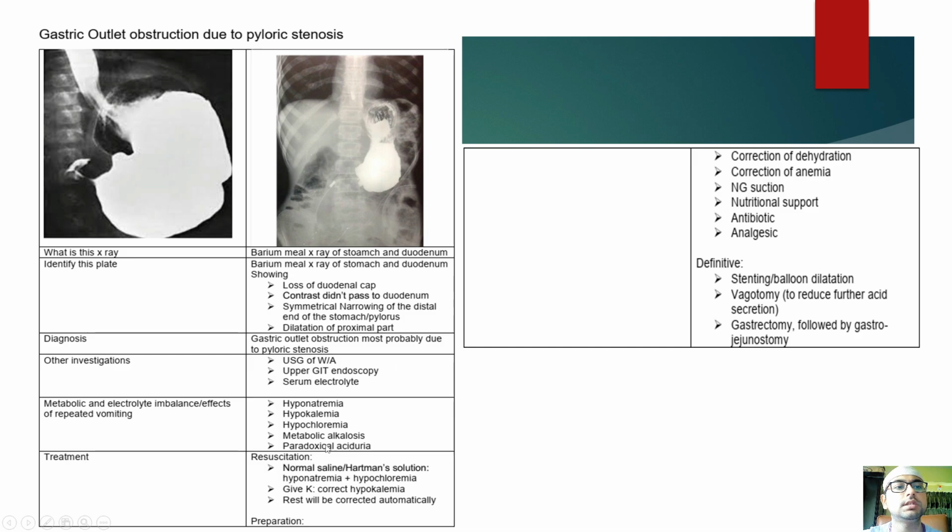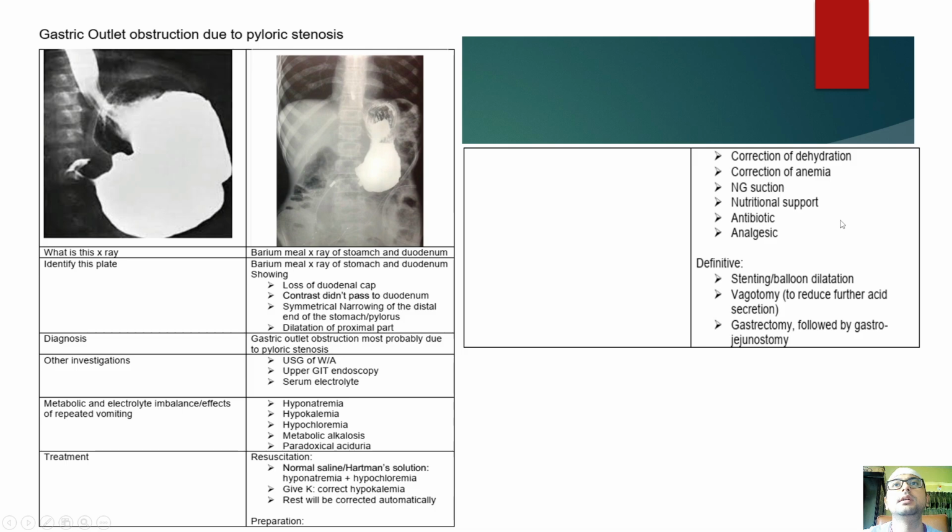Resuscitation is done by normal saline, or Hartmann solution is the best choice. It will correct hyponatremia and hypochloremia, and give potassium through dextrose normal saline or potassium in normal saline. And the rest will be corrected automatically.